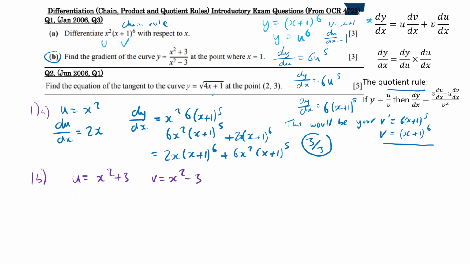As you guys are in the process of doing this, I would just do du dx equals 2x, dv dx equals 2x.